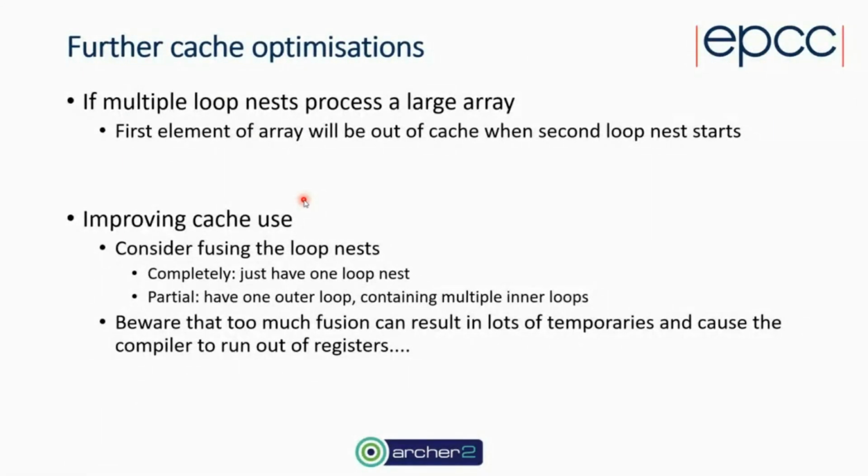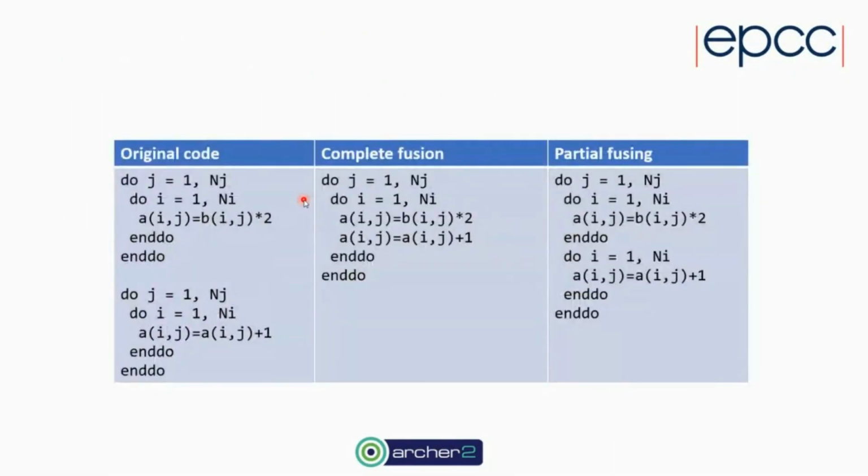Finally, another cache optimization you can do is also consider reuse of data. So here we've got 2 loops in our code. The first loop goes through here and says A equals B times 2. So we go through the whole A array and we say A equals B times 2.